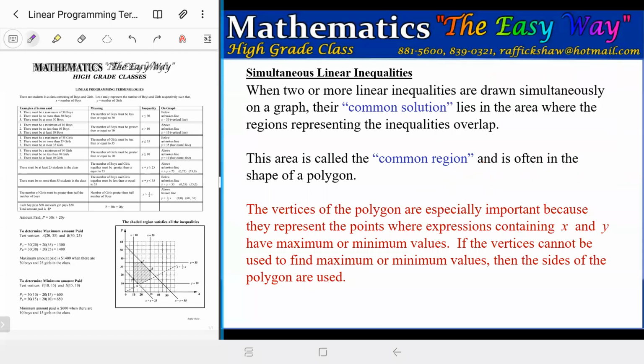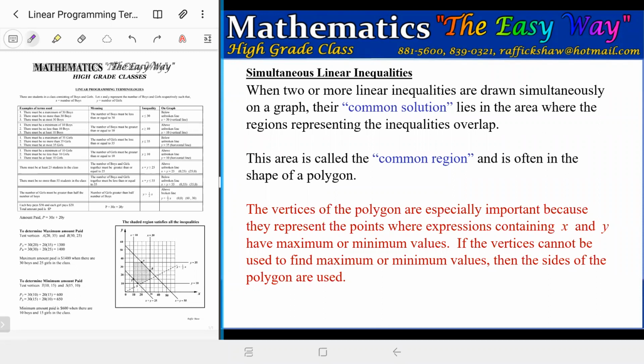So this basically is saying that when 2 or more linear inequalities are drawn simultaneously on a graph, their common solution, meaning the solution that satisfies all 2 or more, lies in an area where the regions representing the inequalities overlap.